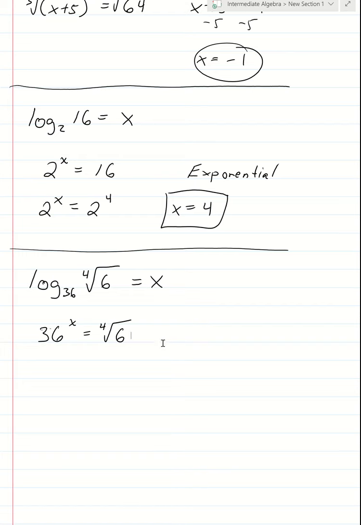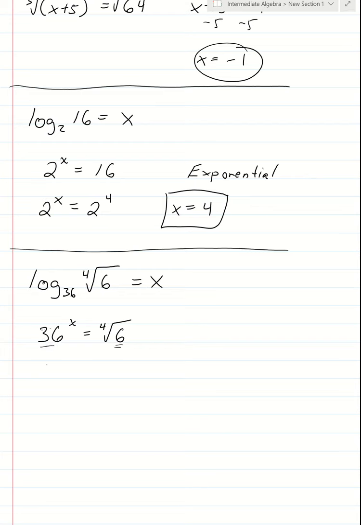Okay, so once again we have an exponential equation. Now remember, in order for us to solve these exponential equations, we need to have the same base. Well, on the left side, I have 36. I might want to think of that as a base 6 number.